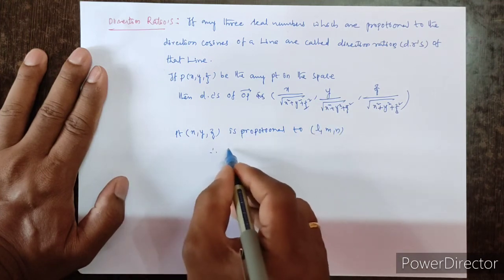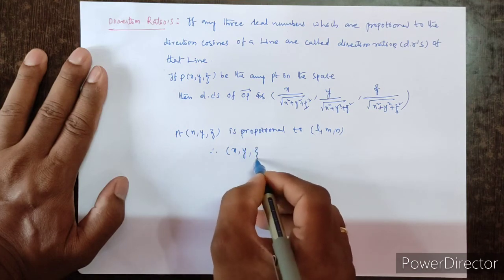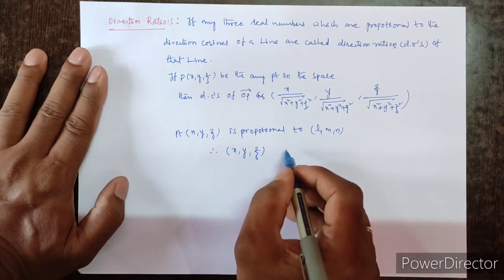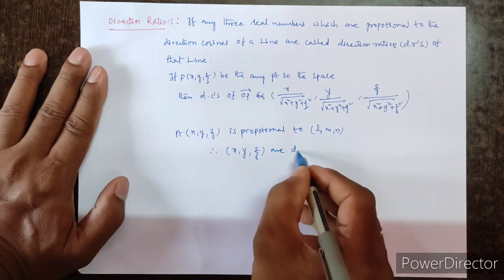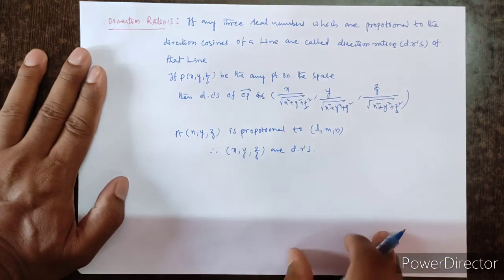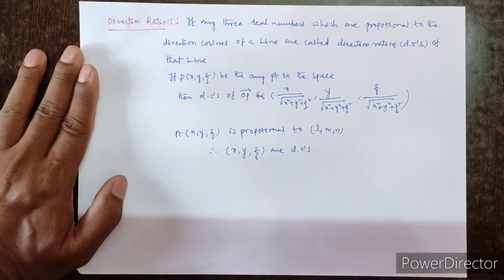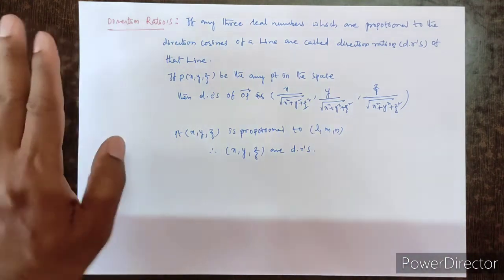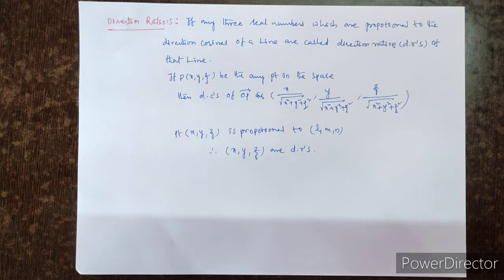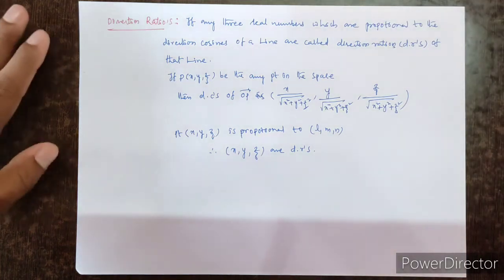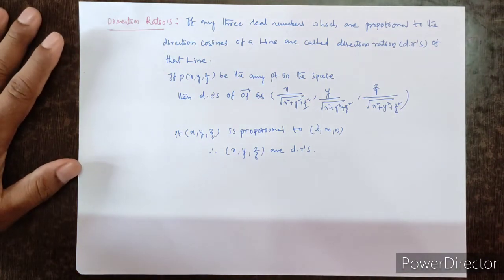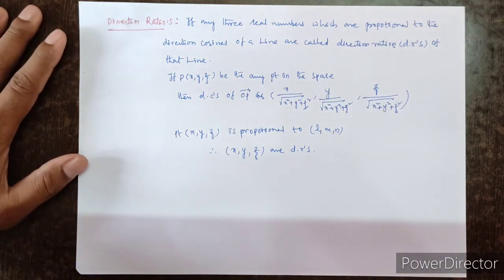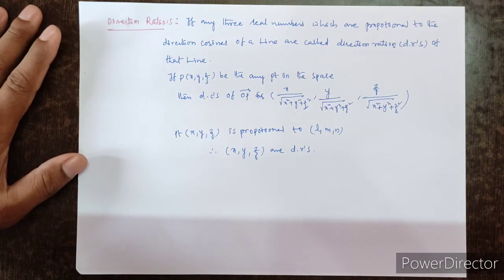Therefore x, y, z real numbers are direction ratios. So any three real numbers which are proportional to the direction cosines of a line are called direction ratios of that line.